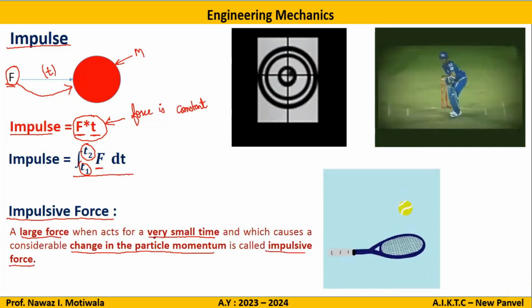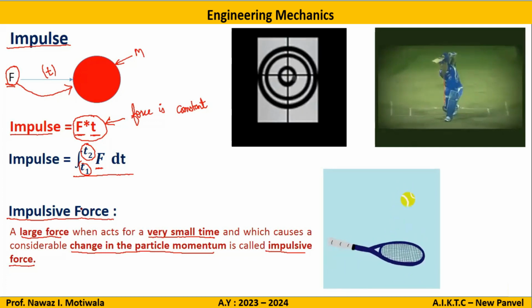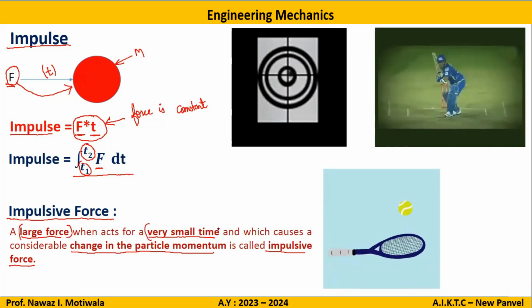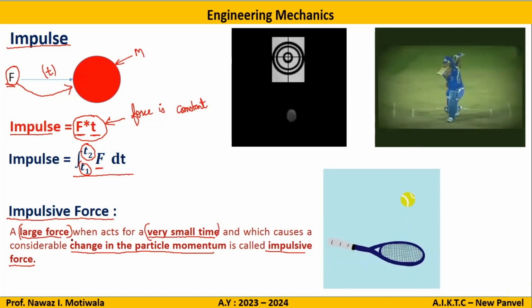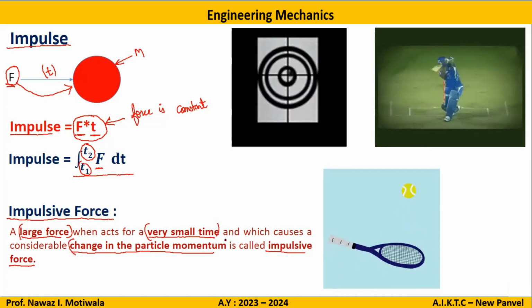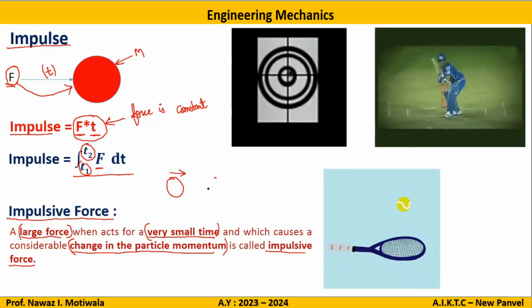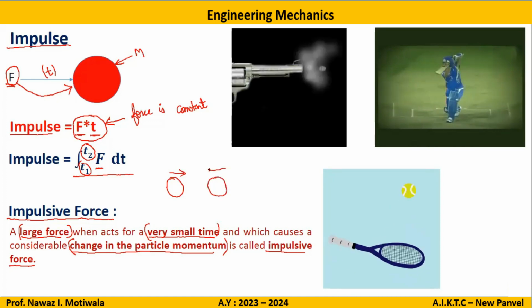So the three main things which you need to remember for impulsive force are: the first one is a very large force, the second is a very small time, and the third one is change in the particle momentum. For example, let us say this is a particle which is moving along this side, and this particle, let us say, is moving along this side.